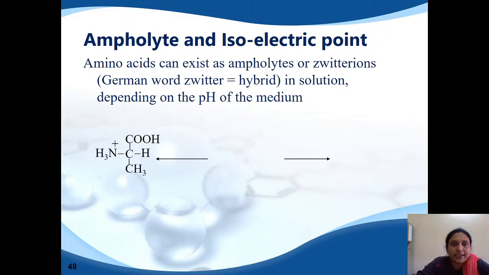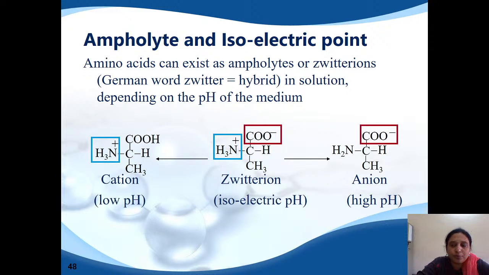Now, ampholytes: amino acids behave as acids and bases because of the presence of carboxyl and amino groups, so they exhibit amphoteric nature. But the charge on the amino acids depends upon the pH of the medium. Please note that.